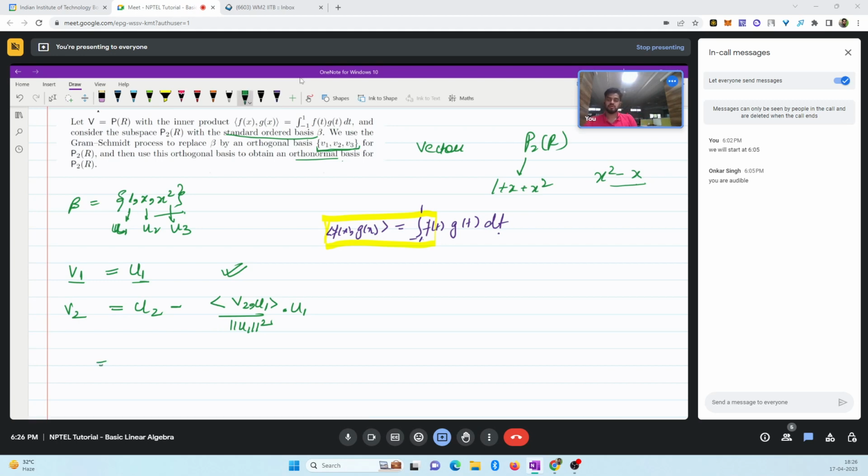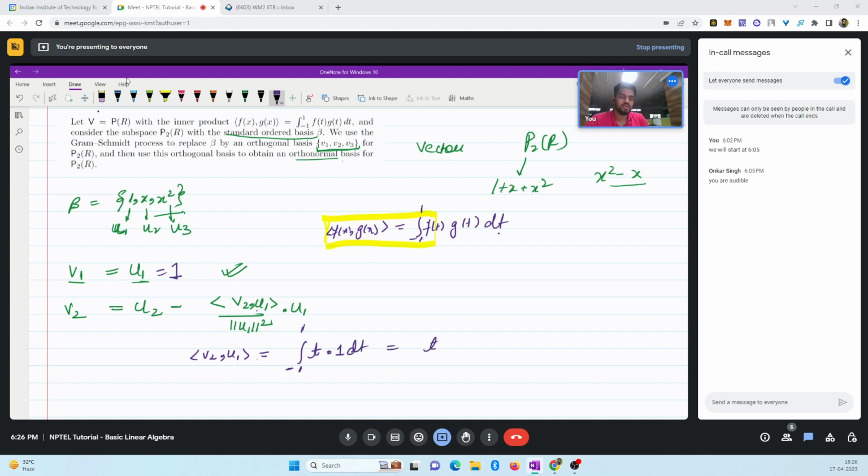So U2 is x. First, let's calculate this inner product. This is the integral from -1 to 1. What is V2? V2 is x, so we will write it as a function of t. So x becomes t, and your U1 is nothing but 1. So this becomes 1 dt.